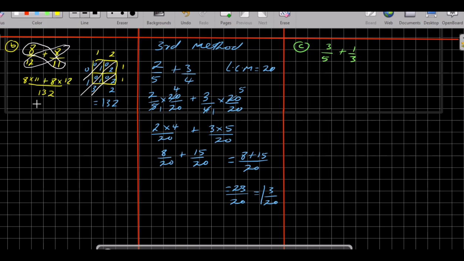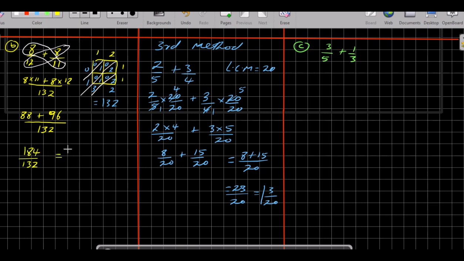Now 8 times 11 is going to give me 88 plus 8 times 12 is going to give me 96. So we divide them by the LCM, 132. So let's add up the numbers. 88 plus 96, that's going to give us 184. We divide it by 132.